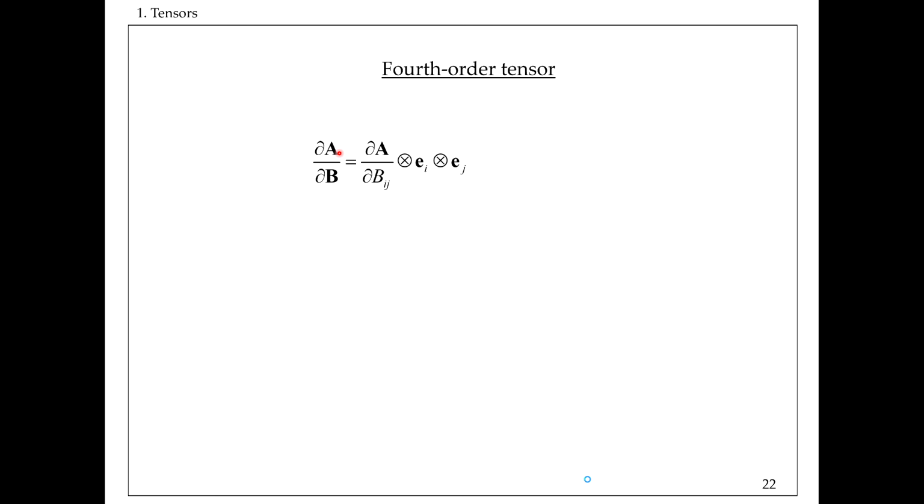The usual structure of a second order tensor would be the components, the scalars, multiplied by a similar tensor product of the basis vectors, the dyadic product of i and j. The only thing is that i and j are already taken, and we don't want to confuse the notation even more.